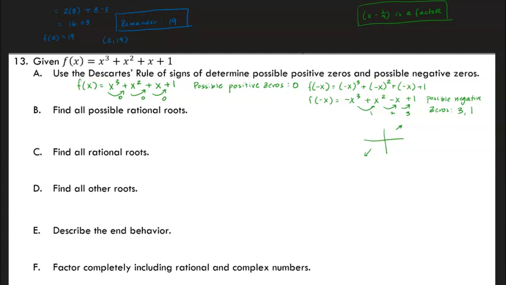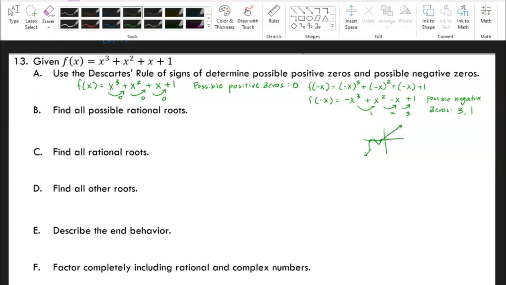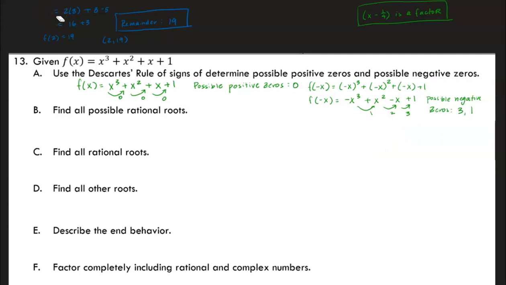It could have 3 negative zeros, 1, 2, 3, or it could have 1, but it can't have 2, because the number of loops is not going to allow it to end in the end behavior that it does. That's where the 3 and subtracting 2 comes from. I don't think I've explained that thoroughly, but I'm already running 47 minutes into this video.